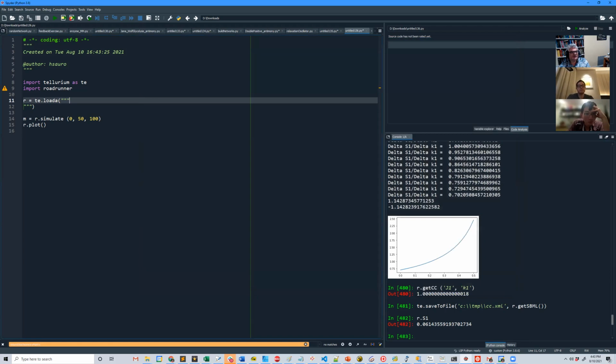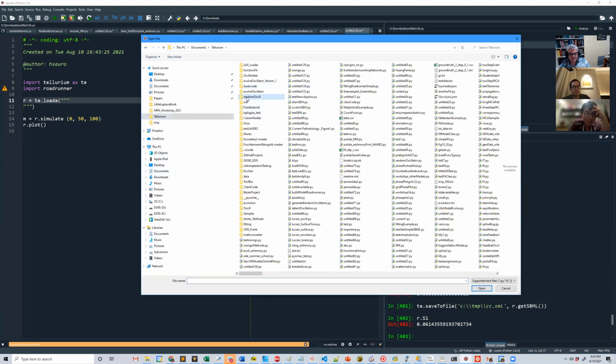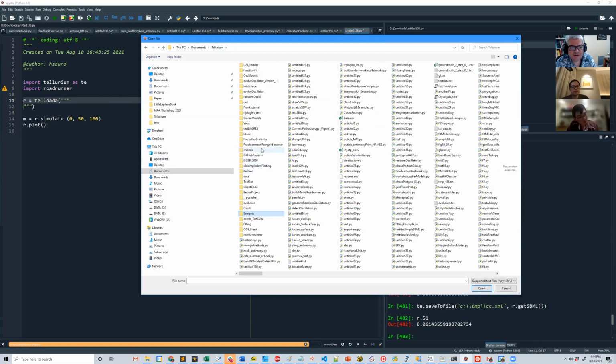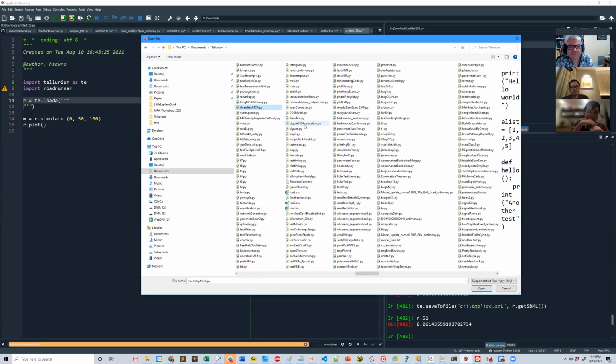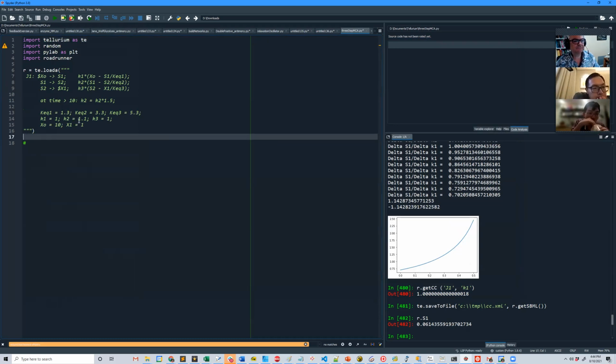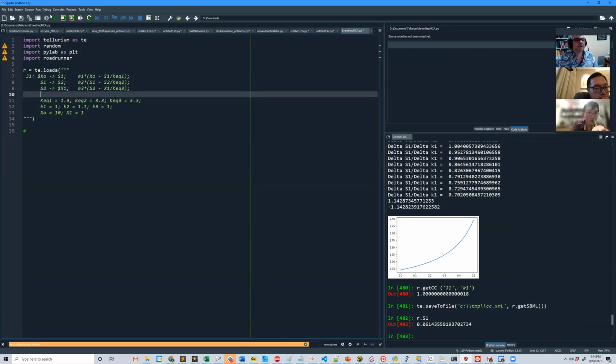Okay, maybe it's samples. I really should have a 3-step somewhere, shouldn't I? Already built. Oh, 3-step. Here we go. Oh yeah. Okay. Let's do this one. Okay. Let me get rid of that. So now I have a 3-step pathway.